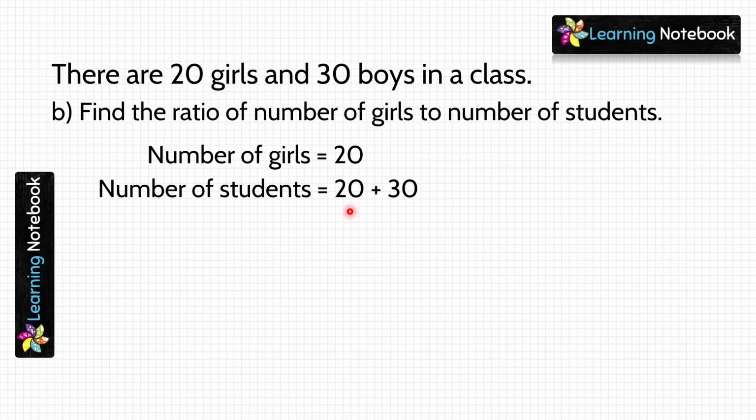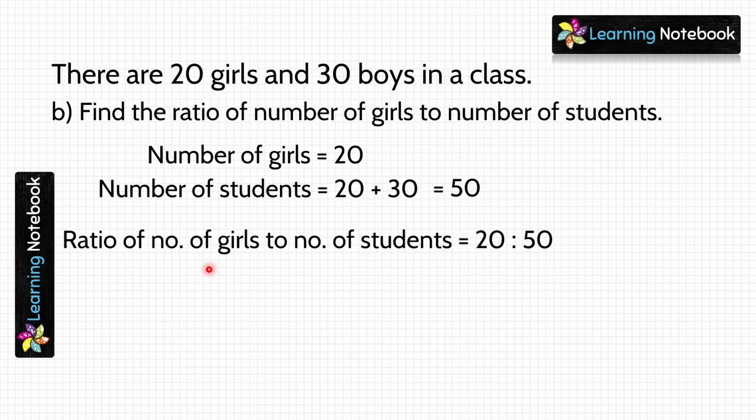So, number of students equals 20 plus 30, which equals 50. Now, let's write the ratio of number of girls to number of students, which is 20:50. Now students, this ratio is not in its simplest form. So let's simplify it and we get the ratio as 2:5.